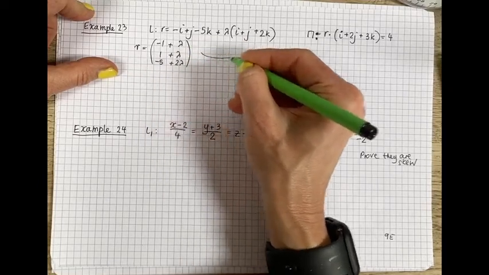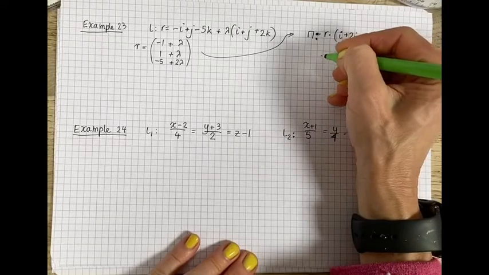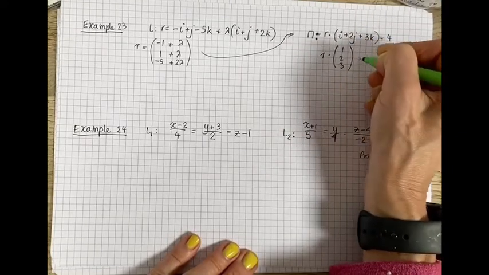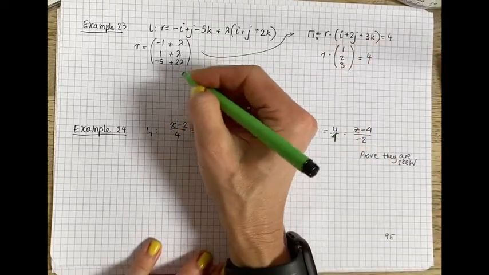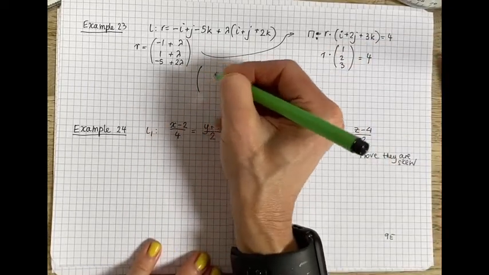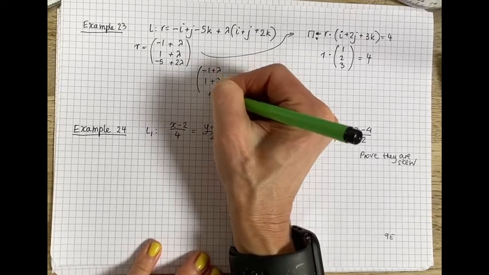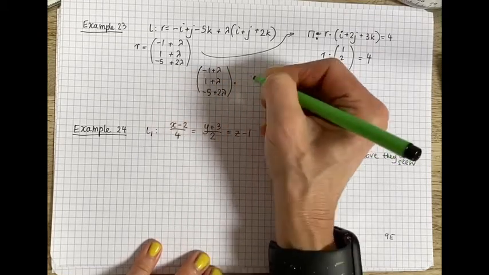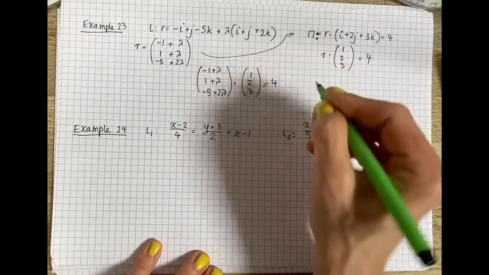And we are going to substitute this into this equation, which is r dotted with (1, 2, 3) equals 4. So substitute it instead of r. We are going to get (-1 plus lambda, 1 plus lambda, -5 plus 2 lambda). Let's dot it with (1, 2, 3) and make it equal to 4.